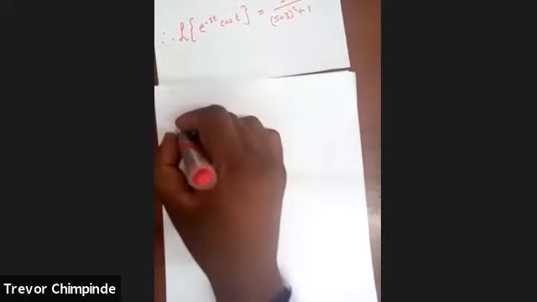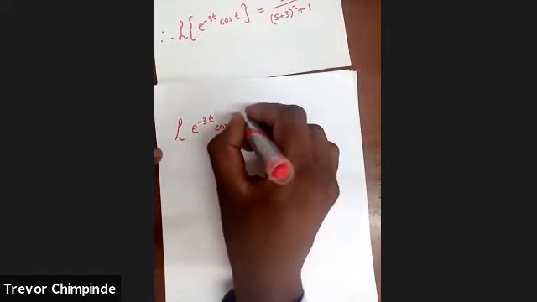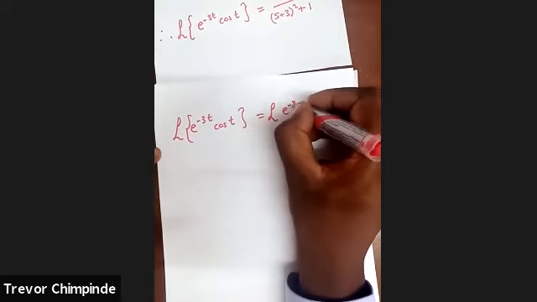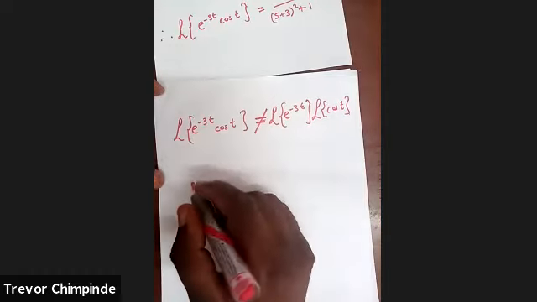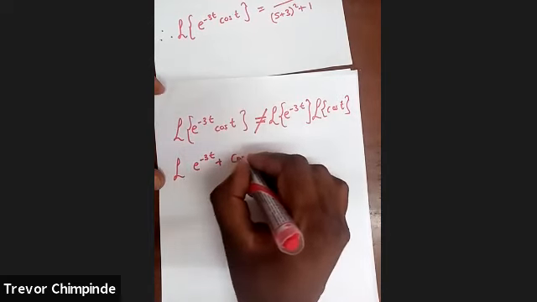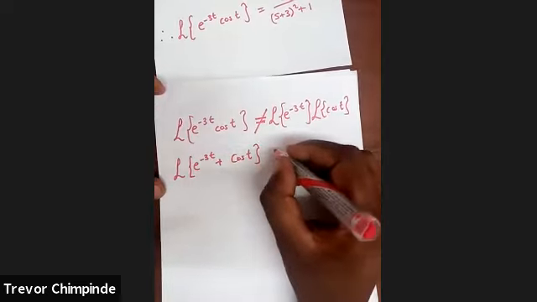So what you're saying is we want to find the Laplace of e to the minus 3t cosine of t, and you're saying we should get the Laplace of e to the minus 3t and then the Laplace of cosine of t? No, these are not equal. You can't distribute it over a product. If it was e to the minus 3t plus cosine of t, that's why we say this Laplace transform is a linear operator.